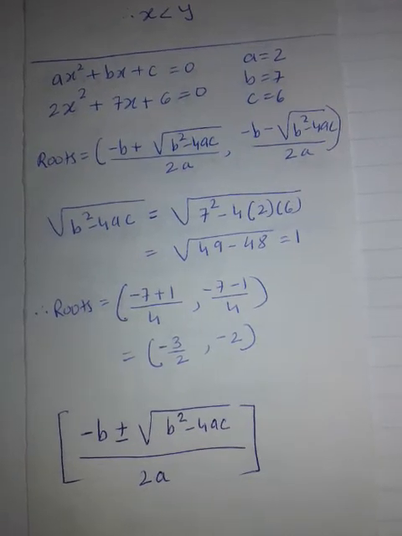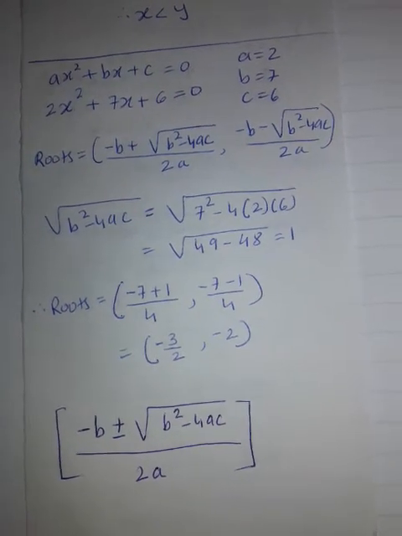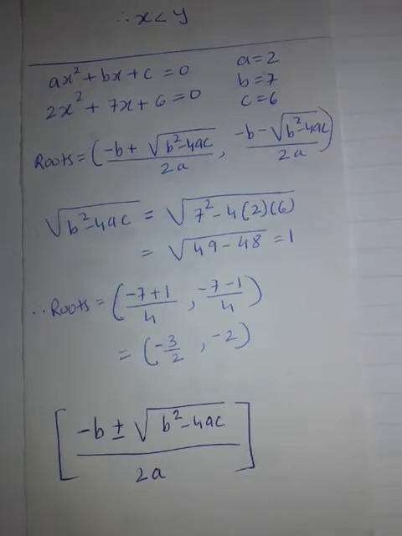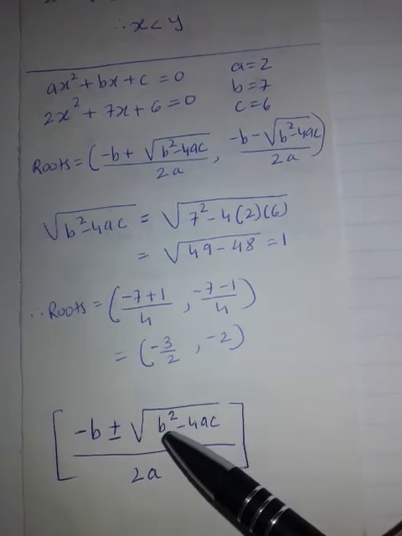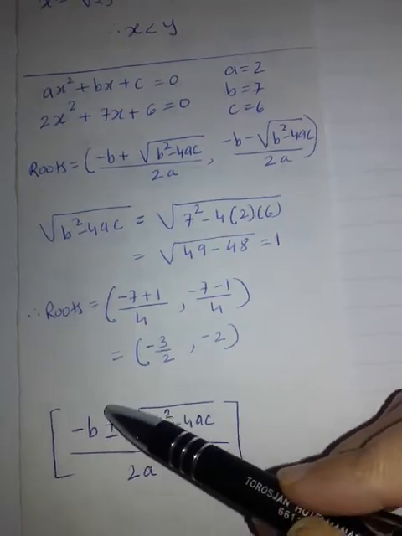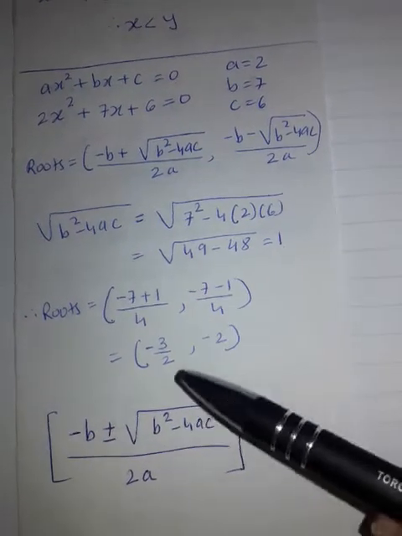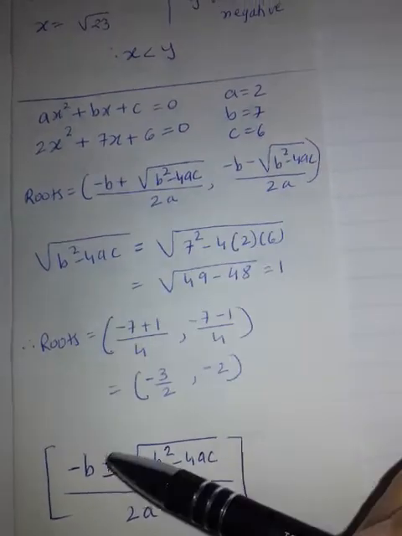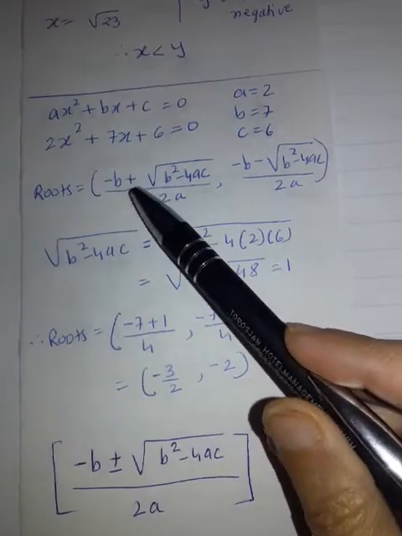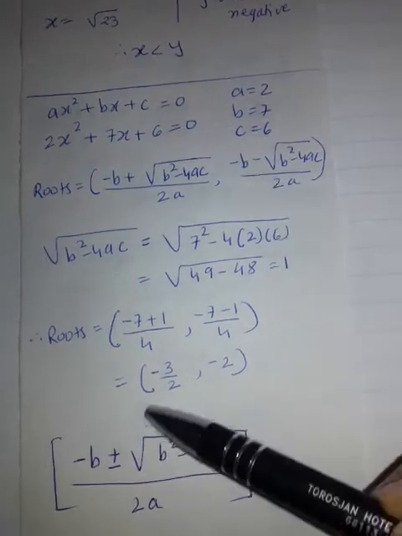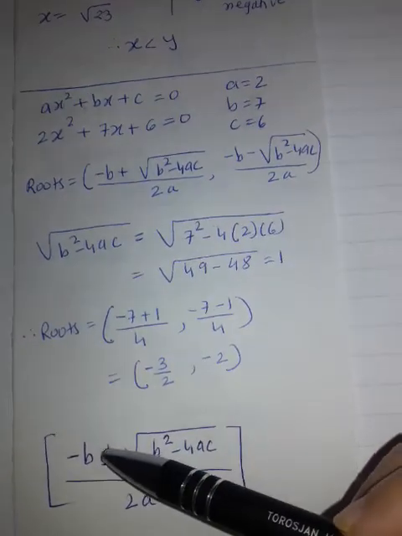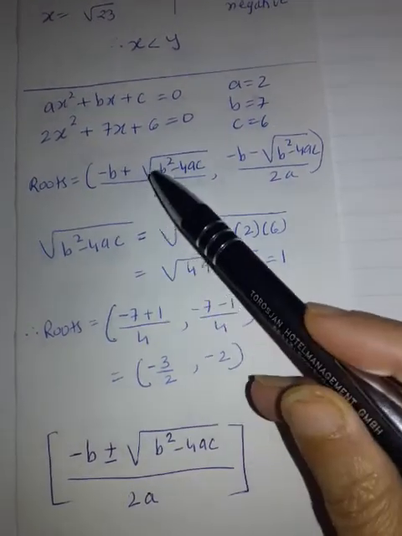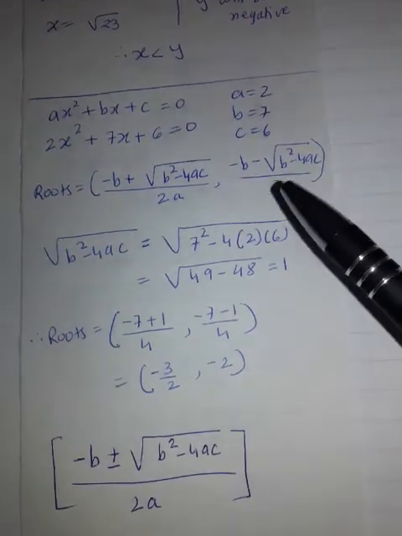Both can be plus, both can be minus, or one is plus and one is minus. There are these three possibilities, but always there are two roots. So this plus or minus gives you two roots. One root is with plus sign, the other root is with minus sign. Everything else remains the same. Only this middle term sign changes and you get two different roots.